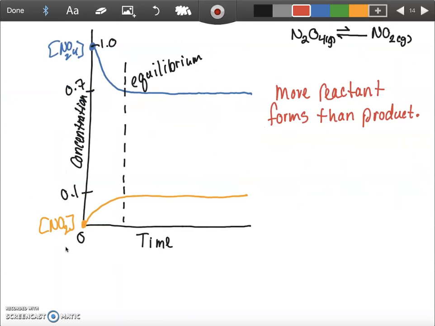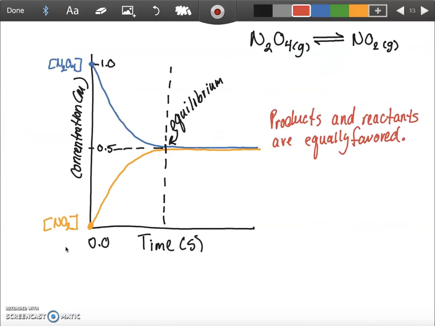With a reaction that is favored more towards the reactants, you're going to have a higher concentration of reactants and a lower concentration of product. For a reaction that's equally favored, there's not really a whole lot of situations where I can think of that they're both equally favored, but the concentrations of both will be equal when equilibrium is reached.